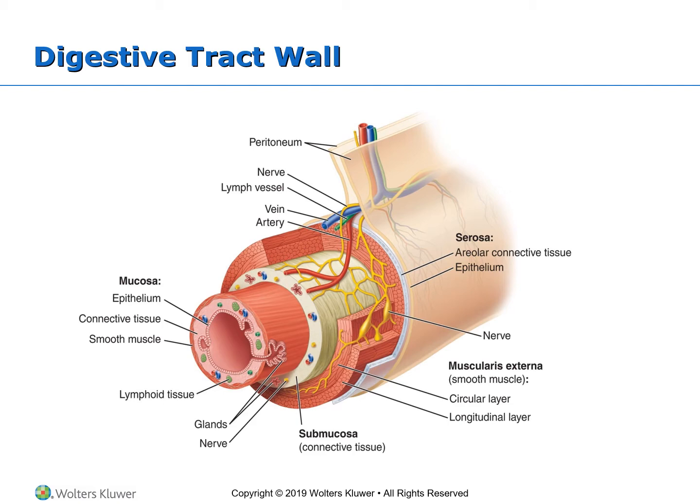In addition, we have some cells called goblet cells that are spread throughout the epithelium, and they are secreting mucus. The main function of the mucus is to protect the system's lining and to promote smooth movement throughout the whole system.